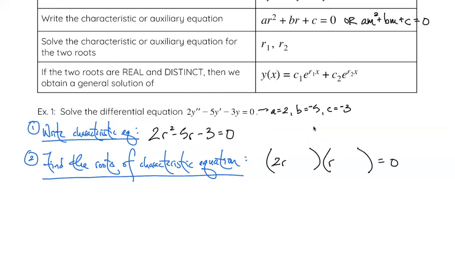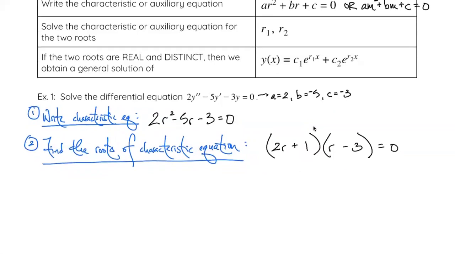And we want to make -5, so maybe +1 and -3. This should give us a -6r and then a positive 1r, that gives us the negative 5r, and then positive 1 times negative 3 is negative 3. All right, so we've gone ahead and factored it, and we're going to find the roots.